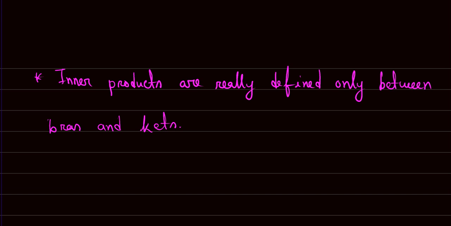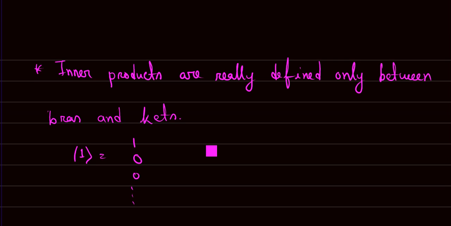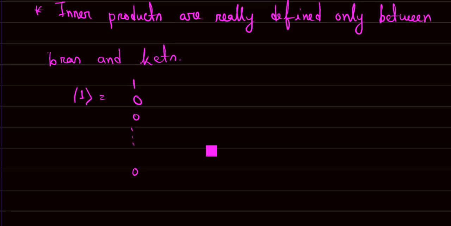Okay, and how does the basis look in these spaces? The first basis will look like this: 1, 0, 0, dot dot dot, 0, and the corresponding bra vector will look like this.